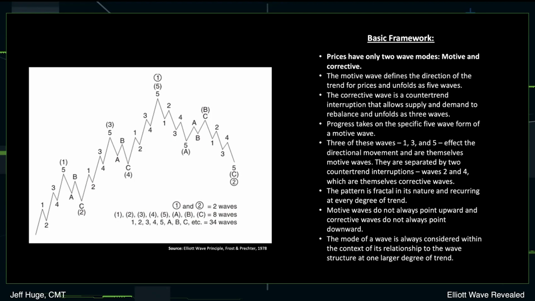And then once wave 1 is completed, it is followed by a 3-wave pattern, but that 3-wave pattern is also broken down into 5 waves down initially as wave A, 3 waves back retracing as wave B, and then an additional 5 waves down as wave C to complete wave 2 of the next larger degree of advance.